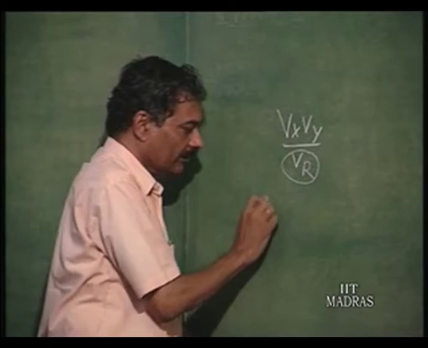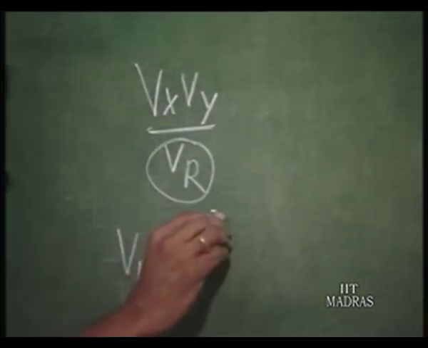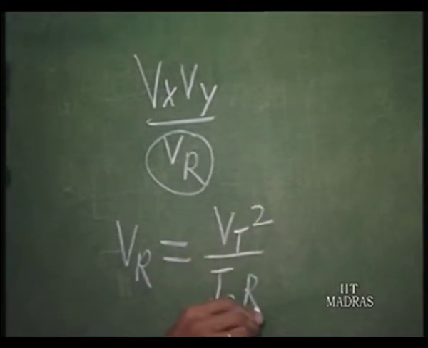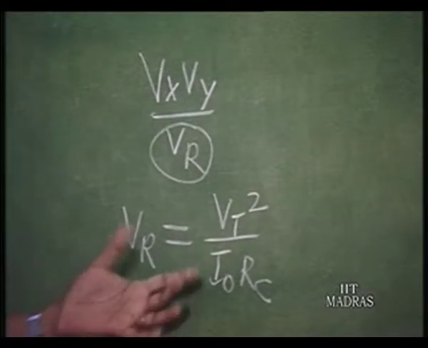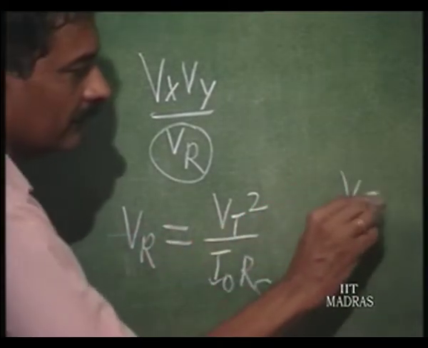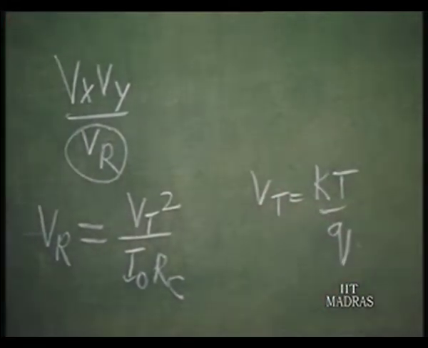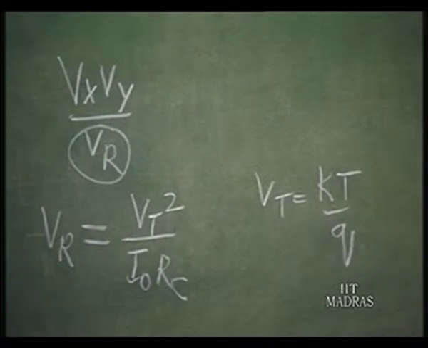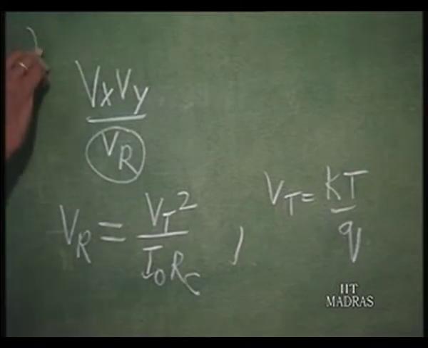Okay, Vr will come out to be Vt squared divided by I naught Rc, where Vt is equal to kT over q. If you follow the same steps that we had earlier indicated, you can get the value of Vr as this, that is, as a multiplier.